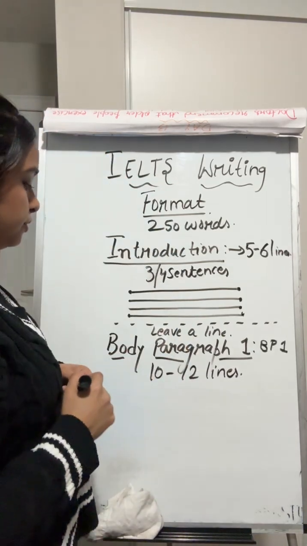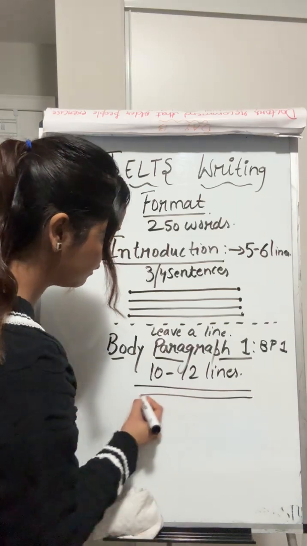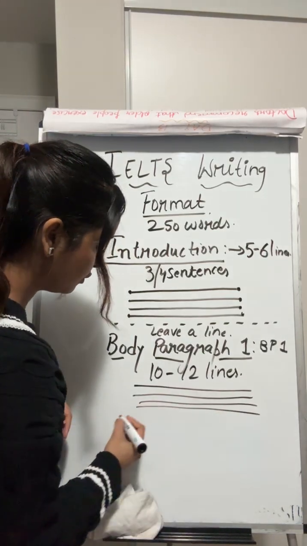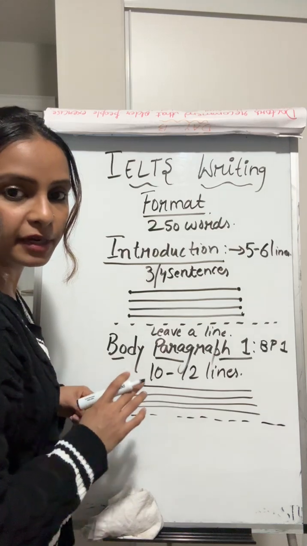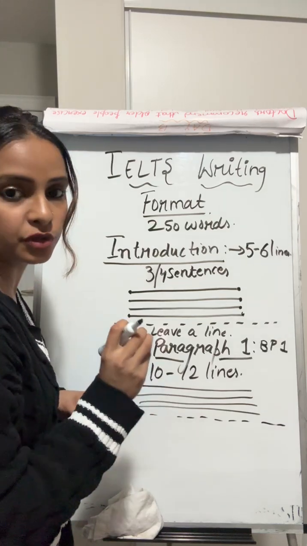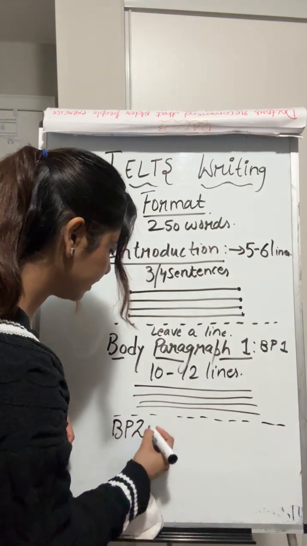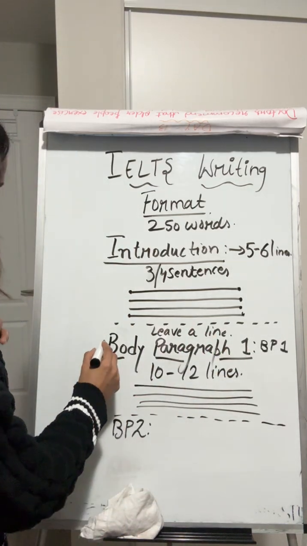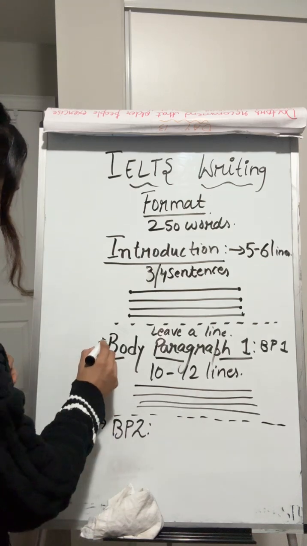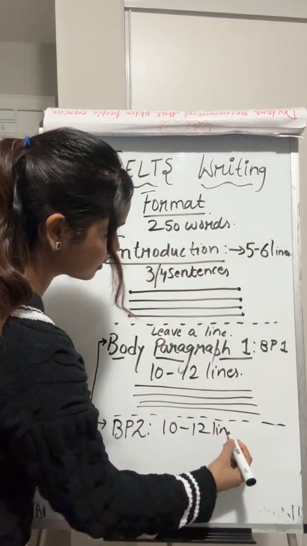Right? So after body paragraph 1, after again writing 10 to 12 lines here, you have to leave a line. After every paragraph, there should be one line which you have to leave. The next paragraph is called BP2, that is body paragraph 2. So the length of body paragraphs should be equal, 10 to 12 lines again.